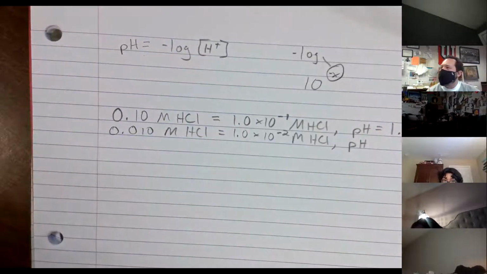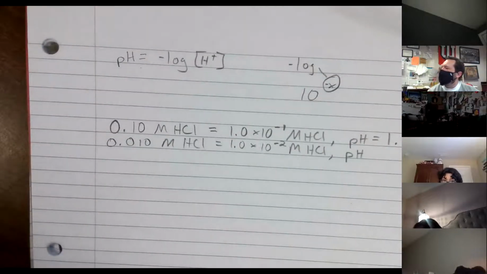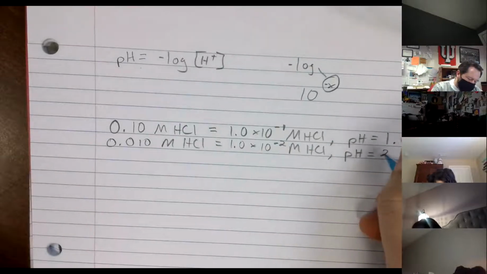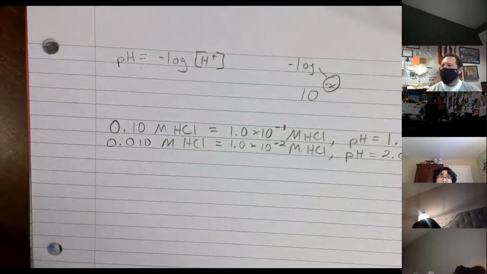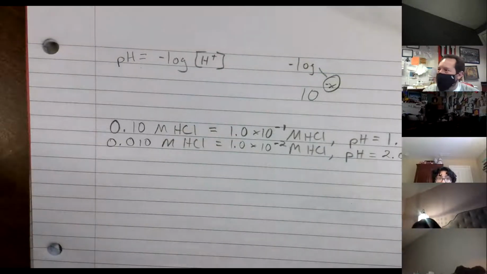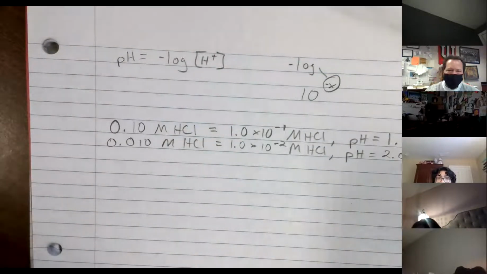What do you think the pH is? Yep. Hey, look at that. You guys are doing logarithms in your head. They're not that bad. If you've had a bad experience with them before, don't sweat them. They're really not that bad.